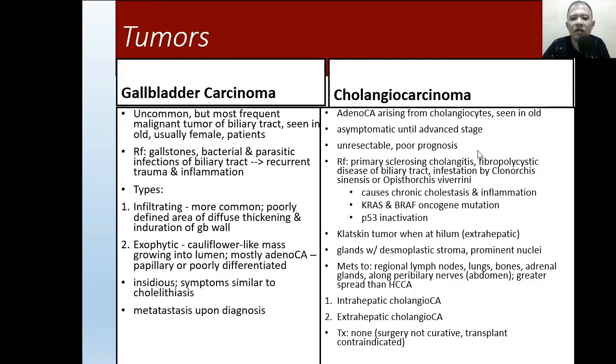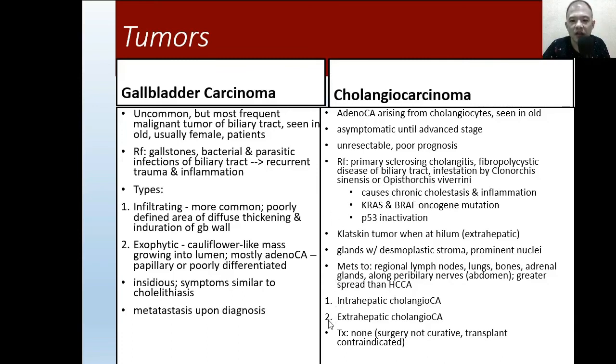Second is the fibrocystic disease of the biliary tract. Okay, if you're familiar with Caroli syndrome or Caroli disease, this is the other term. Okay, you can read on Caroli disease by yourself. Next is parasitic infections by Clonorchis and Opisthorchis.